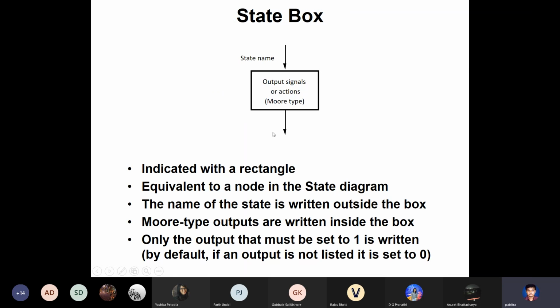It can have only one input coming in and only one output going out. So you have the state name, maybe the state assignment, the output signals which are 1 once the system reaches this state, which are Moore type outputs, and any action to be taken. All other outputs are implicitly assumed to be zeros.